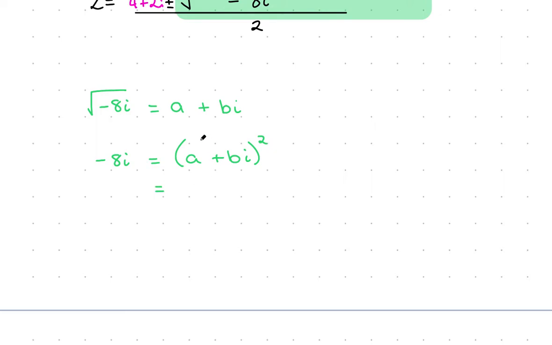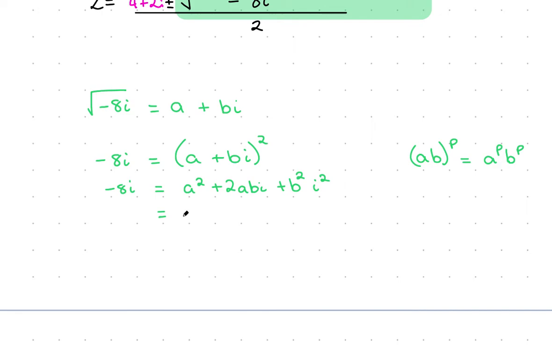So what I will get here is A squared plus 2ABi plus, now be careful always here, B squared i squared. And what I'm using there is the indice rules. If you think back, if you have two things in a bracket multiplied together and then you raise that to some power, both of those things get raised to that power. So just be careful with that. Both of them get raised to the power of 2.